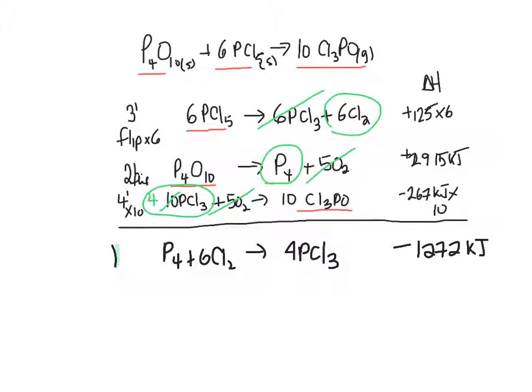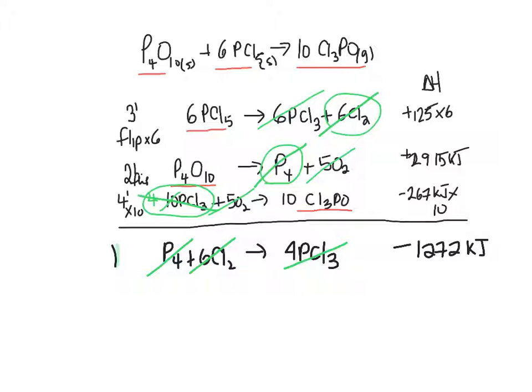So now I have a Cl2 on the right, a Cl2 on the left, they cancel. My P4 cancels. My 4 PCl3s cancel. So I'm only left with the stuff that's underlined in red.